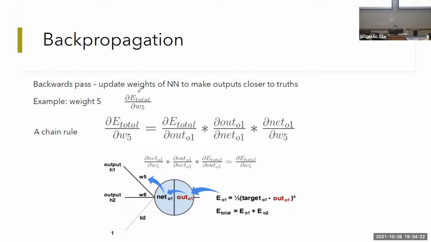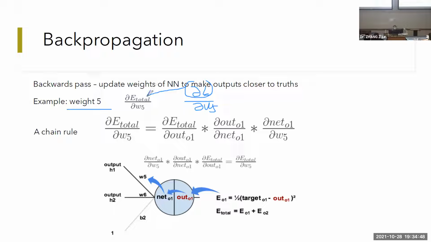Ideally, we calculate the gradient by taking the derivative of the loss function with respect to the variable we want to optimize. Here we use weight 5 as an example, meaning we want to optimize weight 5. We take a derivative, and what is the loss here?